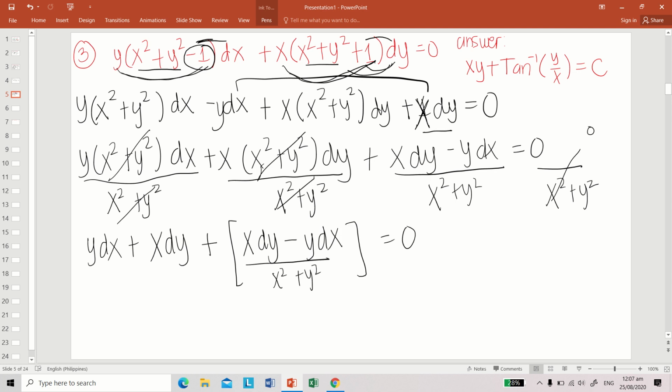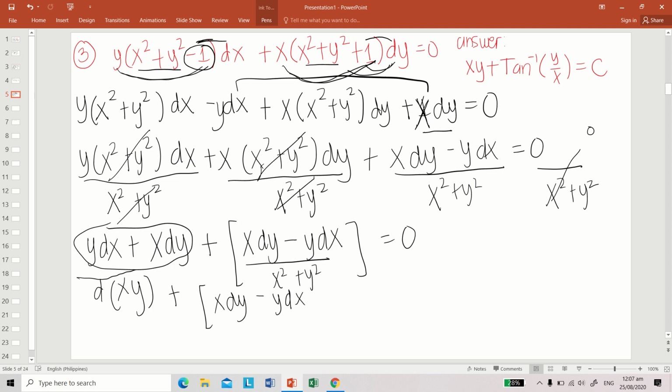equals to 0. So we know that this one is going to be differential of xy. So we're going to have differential of xy plus this one, quantity x dy minus y dx all over x squared plus y squared equals to 0.